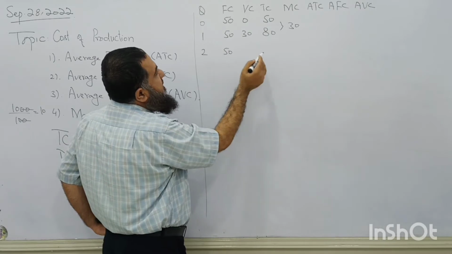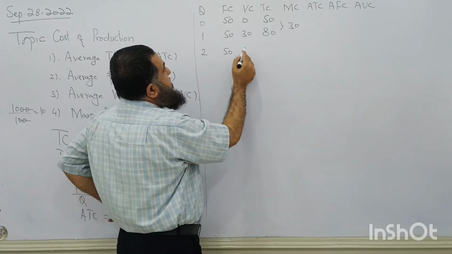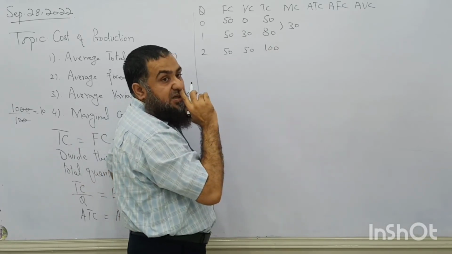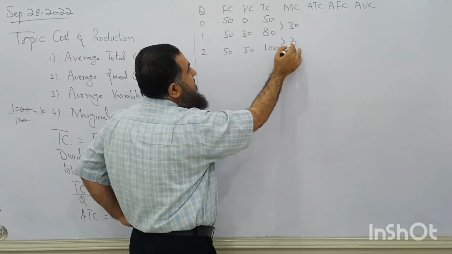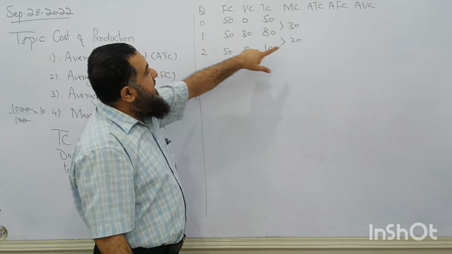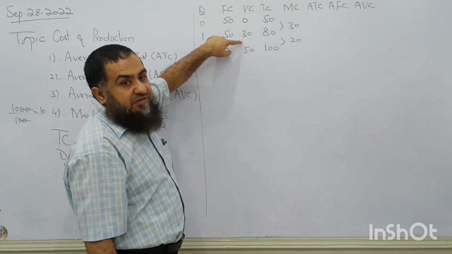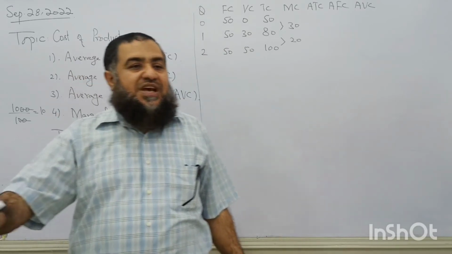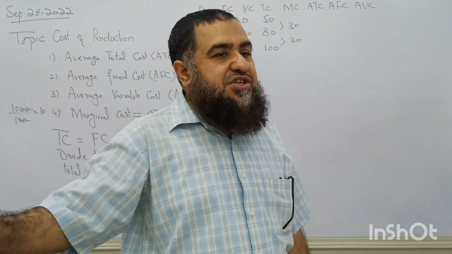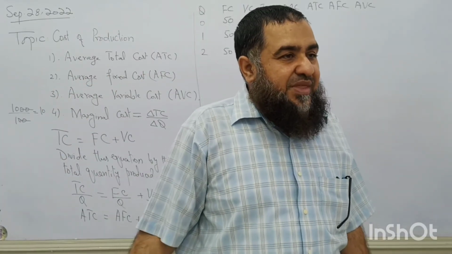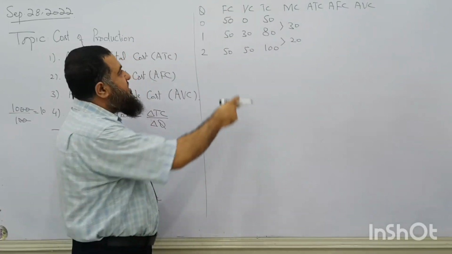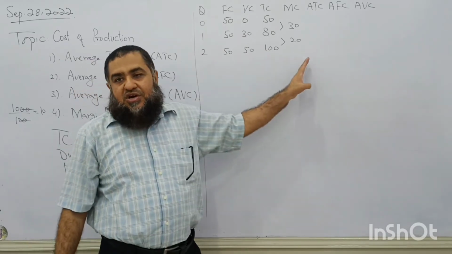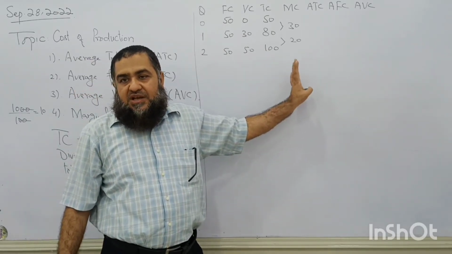This is going to be 50. How much is the total cost? 100. What is the marginal cost? 20. So this 20 is due to the difference of the variable cost for an extra unit produced. So marginal cost has nothing to do with the fixed cost. It is the change in the variable cost which is shown in the form of marginal cost over here. Clear or no?